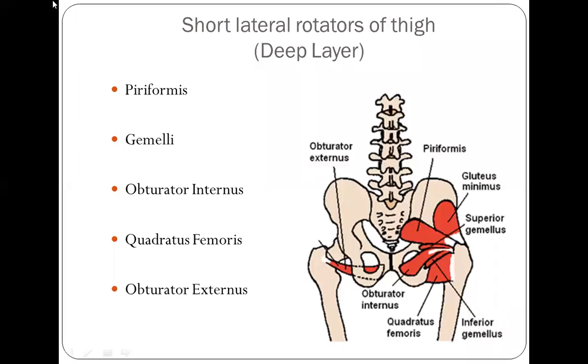Yes, good. Obturator externus, you had learned in the adductor compartment or medial compartment of the thigh. But as you can see in this diagram, the tendon of obturator externus will just have a short course within the gluteal region. Also, though it is present in the medial compartment, what is the action of obturator externus?